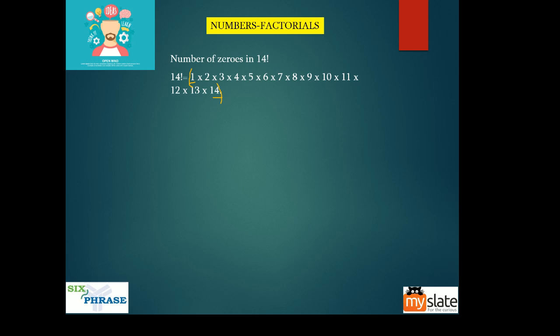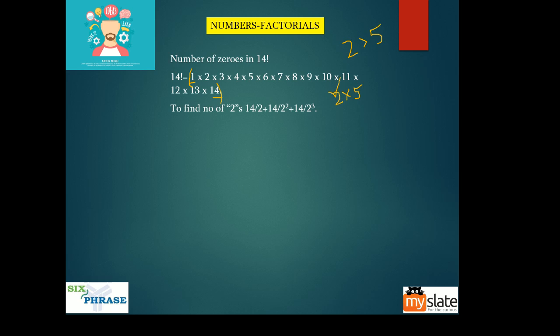Now, how do you find the number of zeros? You have to look for the number of 2's and 5's, because 2 into 5 makes a 10. I told you the number of 2's will always be greater than the number of 5's.